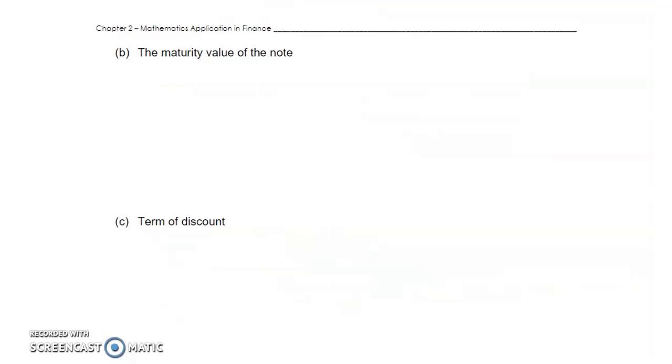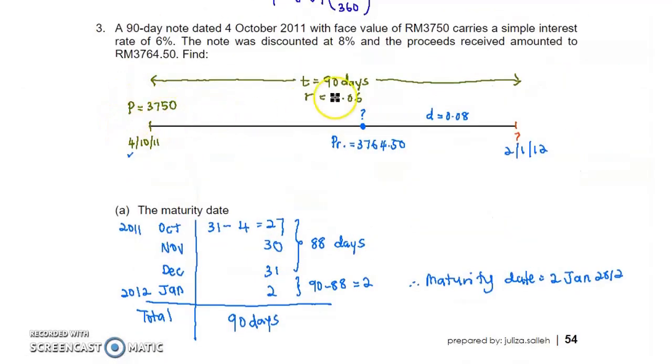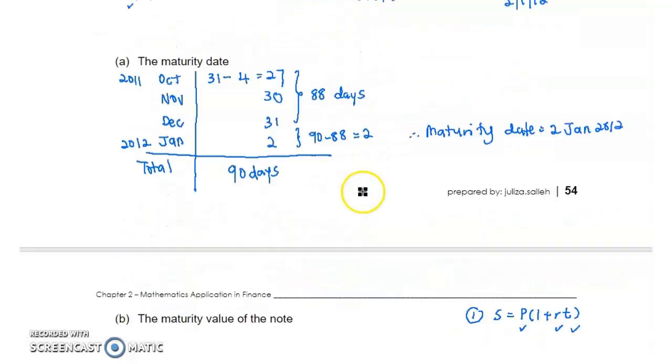Okay, B, maturity value of the note. So maturity value S. Which formula? First write down the formula. S equal to P(1 plus RT). Check each value. We have P, we have R, and we also have value T. Let's check again. Do we have P, R, T here? We have P, R, and T. Then we can use the formula S equal to P(1 plus RT).